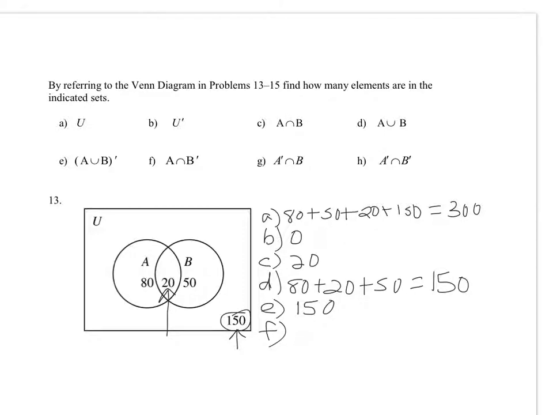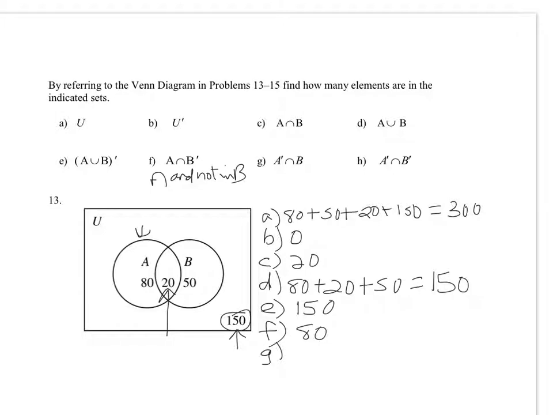I want everything that's in set A and not in B. So everything that's in set A, but it's not in set B. So that means I've got to look inside this circle, but I do not want to use the part where the circles overlap, because not only is that part in A, but it's also in B. So if I want it in A, but not in B, that's going to be 80, because that's the only part that's in A but not in B.